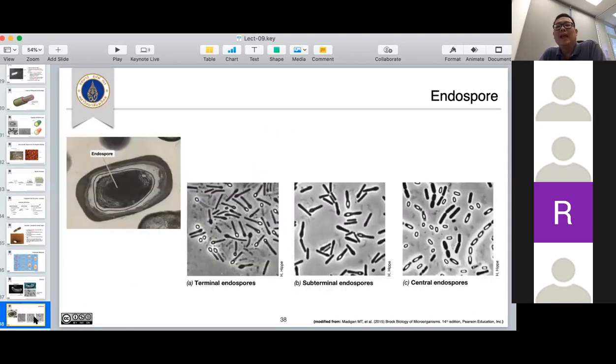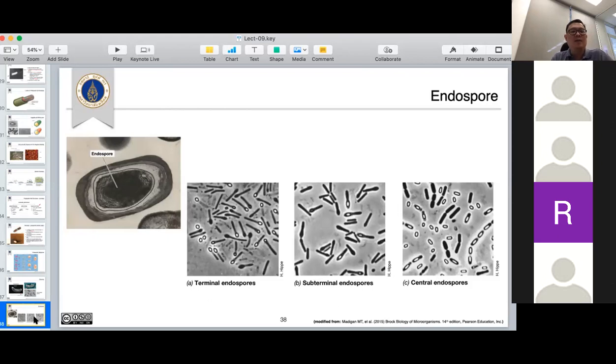Okay. Last one, endospore. Endospore is a structure of bacteria. You cannot find endospore in eukaryotes. In bacteria, endospore is not for reproduction. The name spore means seed, but it is not for reproduction.